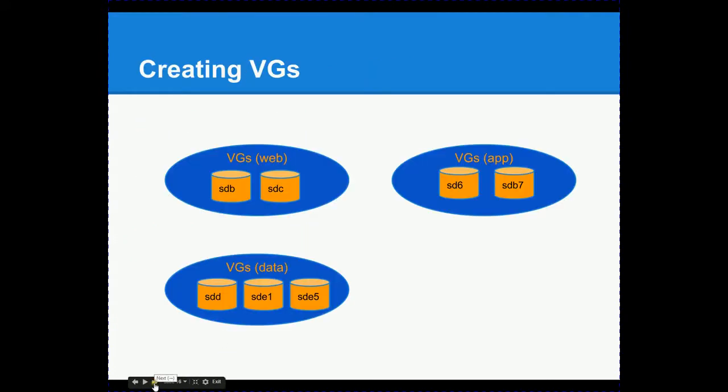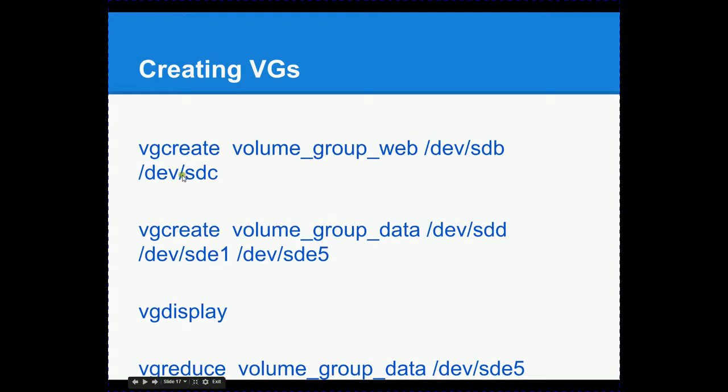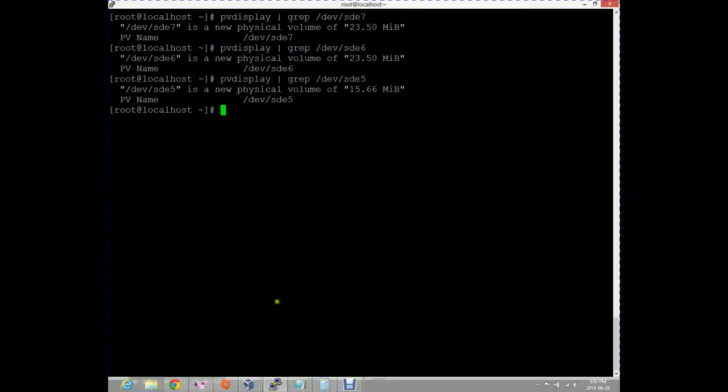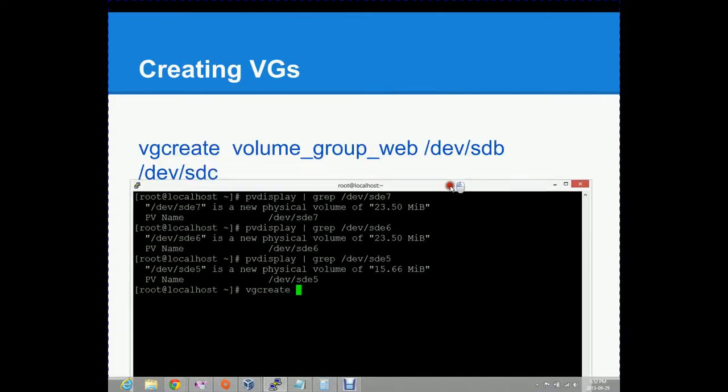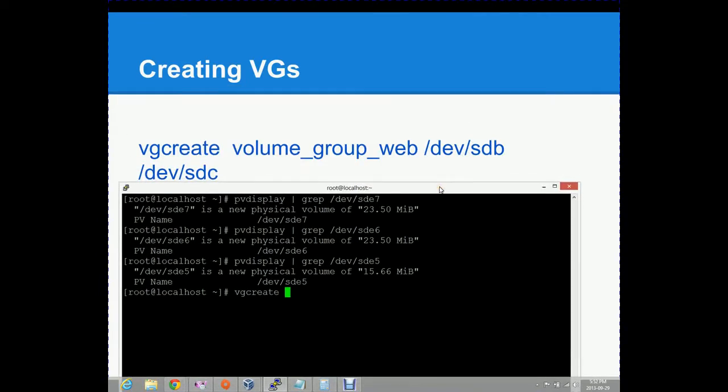Okay, so now it's time to make some volume groups. And the syntax is simple. Volume group create, and we're going to create the web group, and we're going to use the first 2 disks to do this. So that's fairly simple here. You know what? I think I'm just going to shorten this up. I better not. I don't want to confuse myself. I better stick with the script.